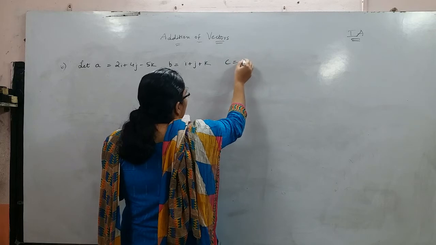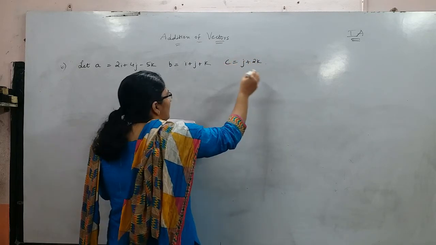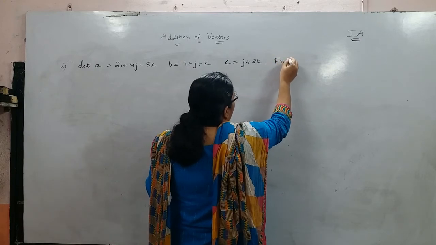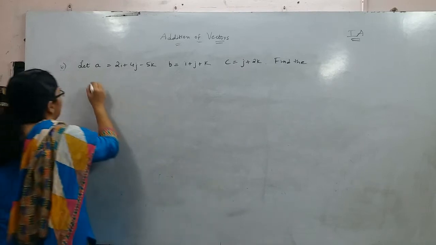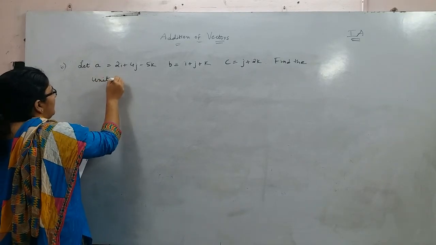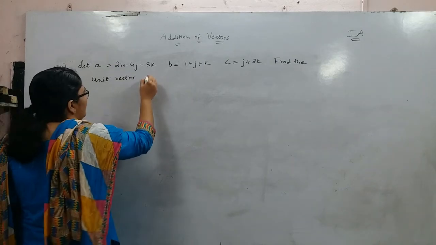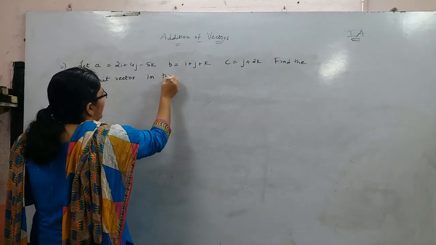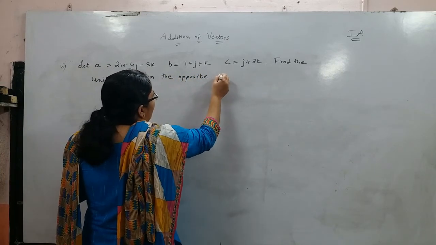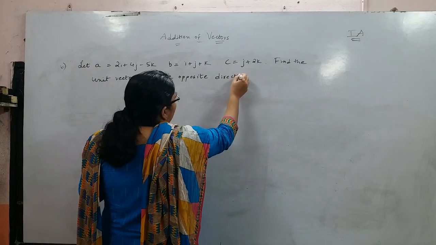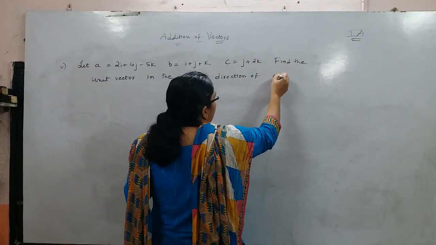C is equal to j plus 2k. Find the unit vector in the opposite direction of A plus B plus C.